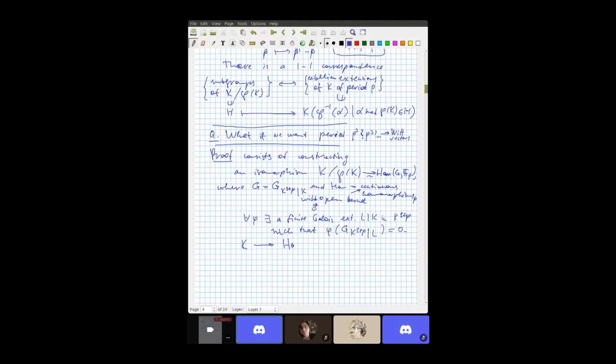You map your element such that φ from that extension, G of K separable over L, is in the kernel of φ. Yes, you can say that this is in the kernel of φ.